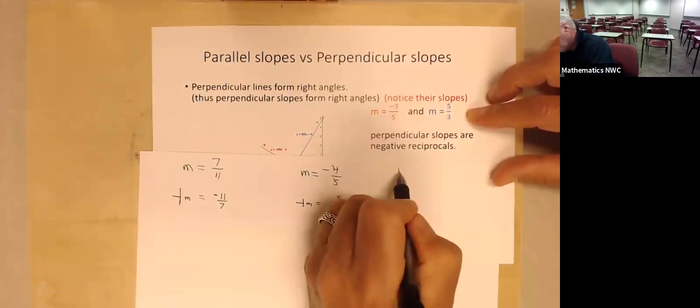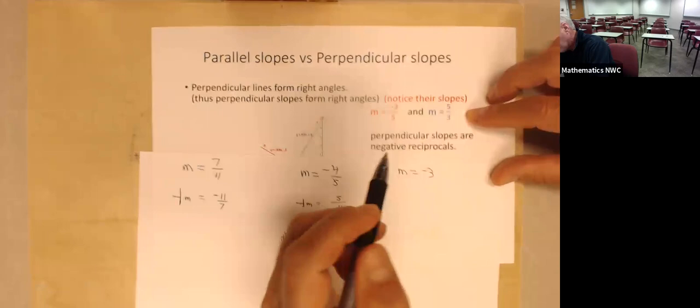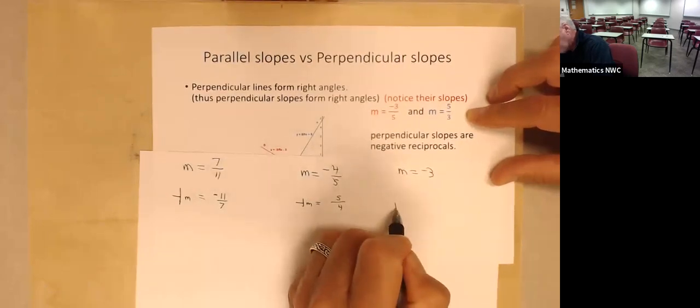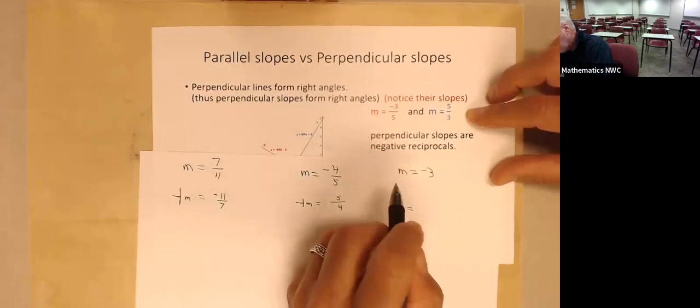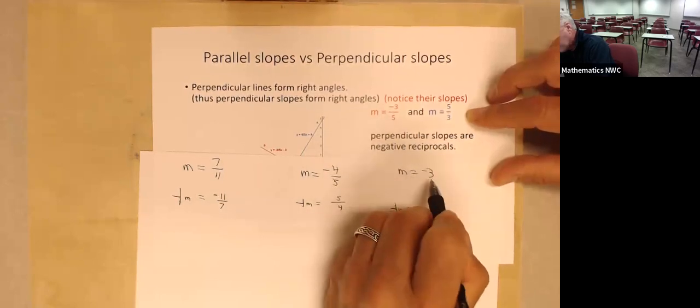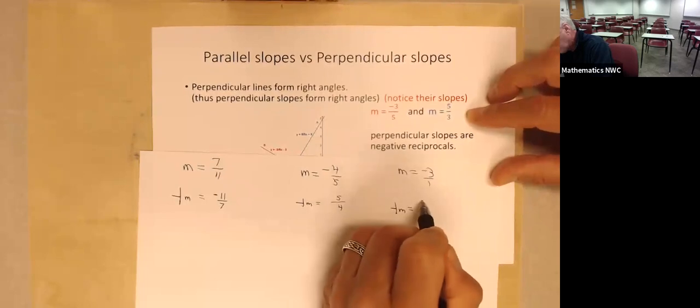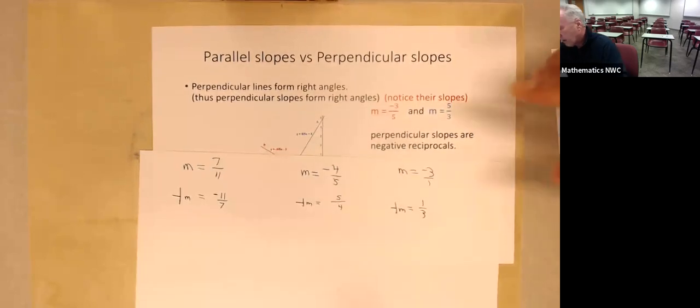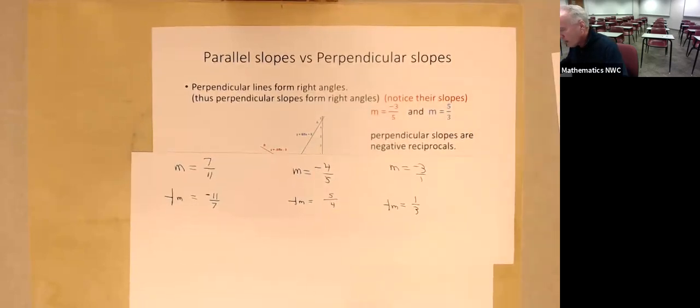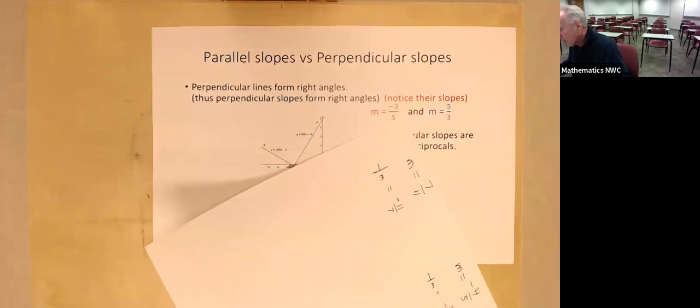If my slope was a -3, what would be its perpendicular slope? Well, this is implied, even though it's not written, to be over 1. So the perpendicular slope would be a positive 1/3. Hopefully that's fairly easy for you to see where that's coming from.